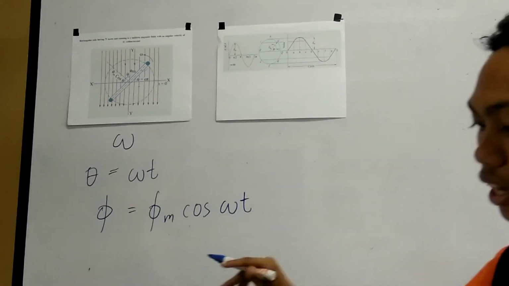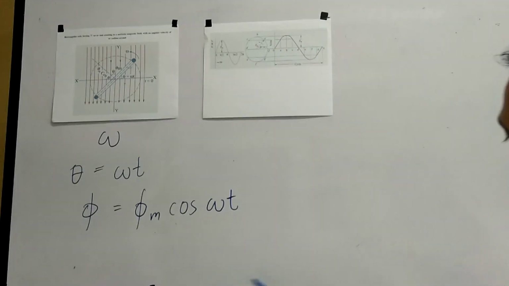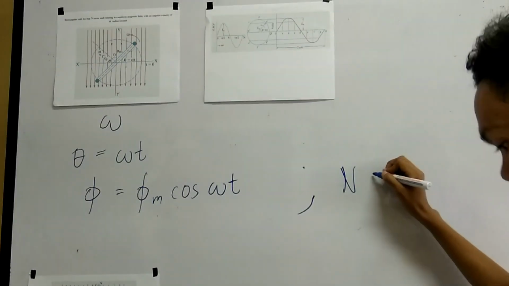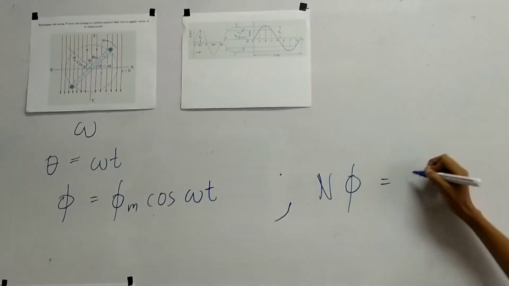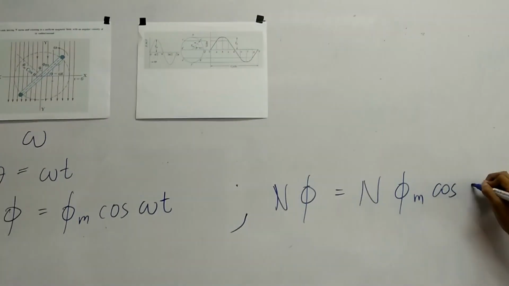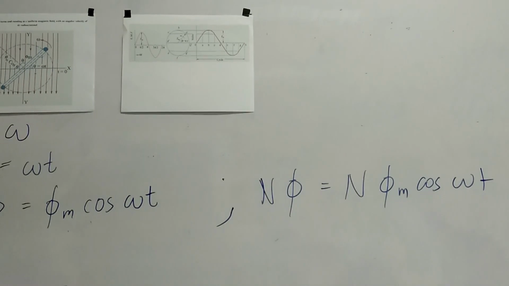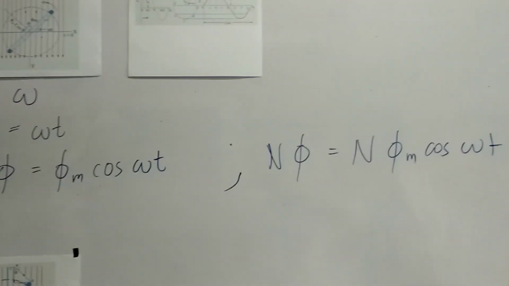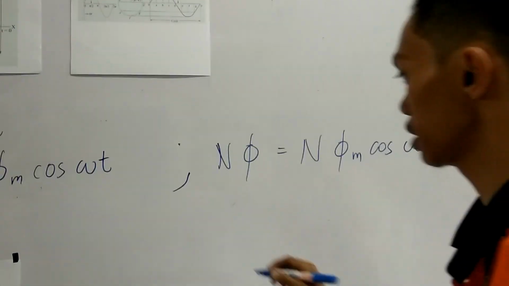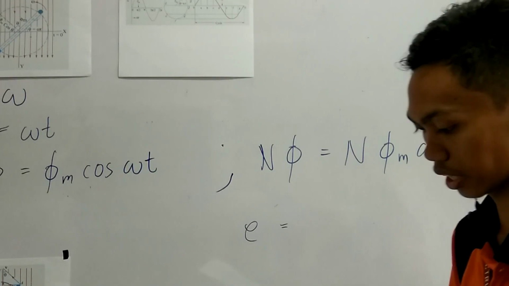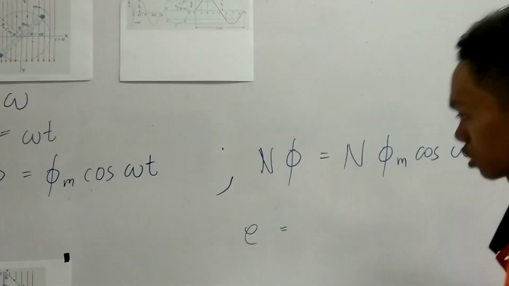Now, the flux linkages of the coil at any time are N phi, which is equal to N phi sub m cosine omega t. According to Faraday's law of electromagnetic induction, the EMF generated is given by the rate of change of flux linkages in the coil.